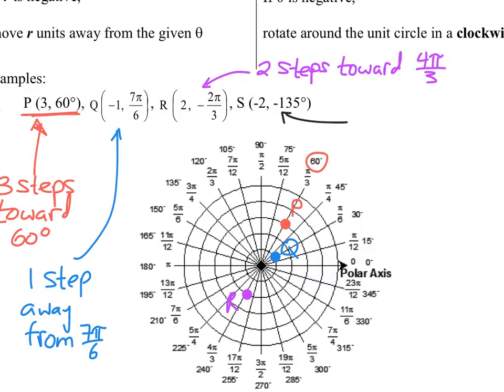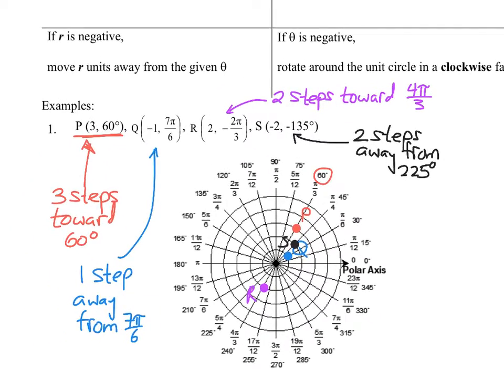I guess it's black. 2 steps away from 225 degrees. That would be 2 steps toward 45. I'm going to chuck a little S in there. All right, so pretty weird.